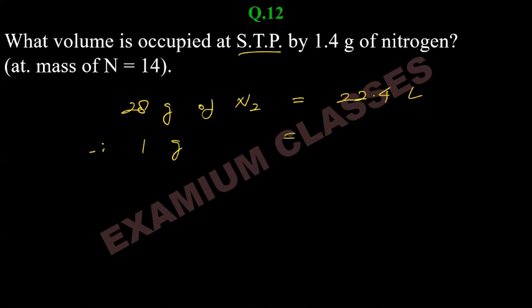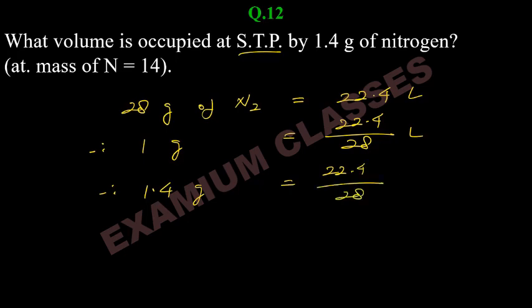Hence, 1 gram will be equal to 22.4 divided by 28 liters. Hence, 1.4 gram will be equal to 22.4 divided by 28 into 1.4, and 1.4 when 28 it will give you 20. Okay? 1.4 multiplied by 20 will be 28. So it will give you actually 1.12 liters.